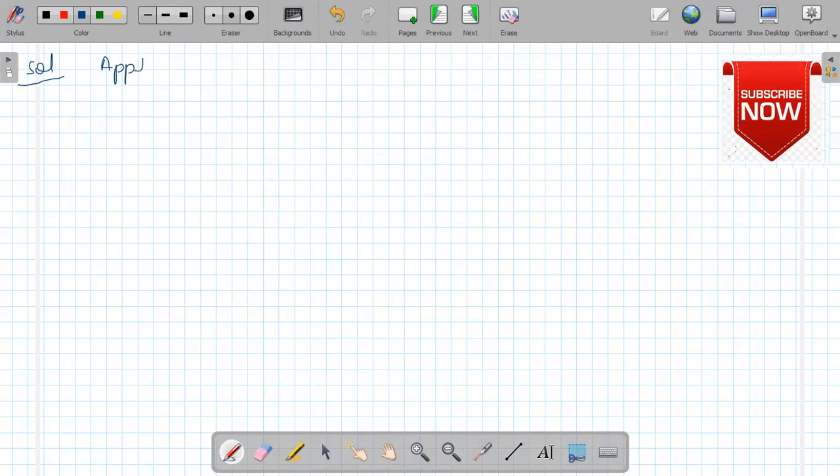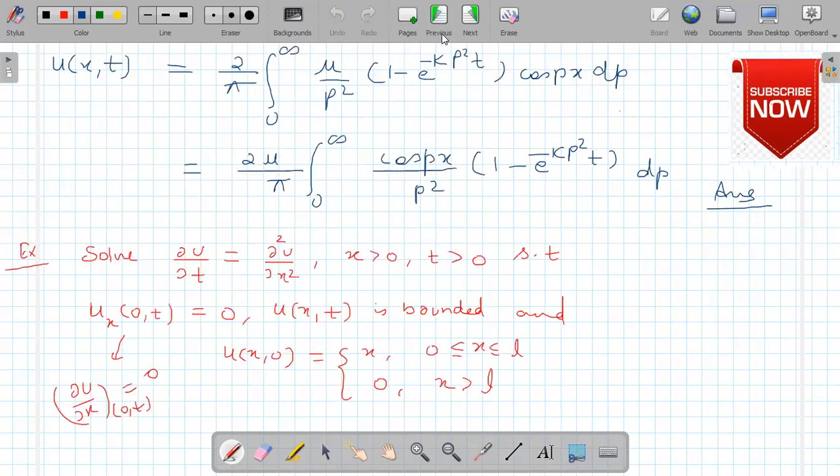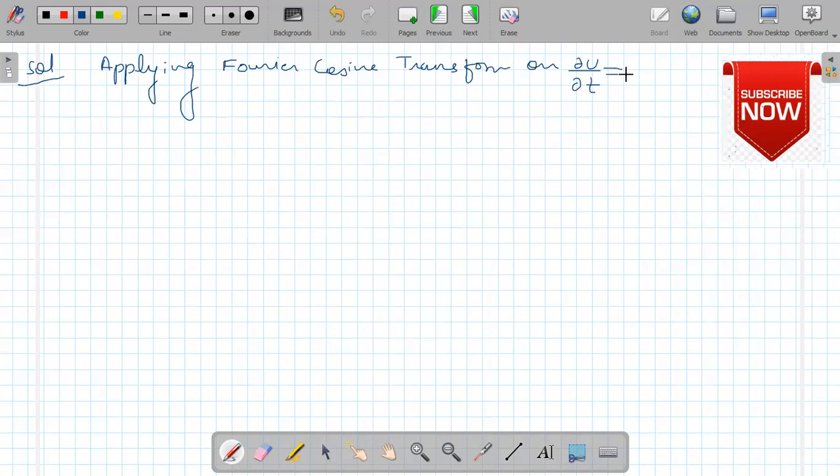Applying Fourier cosine transform on del u by del t is equal to del 2u over del x square.